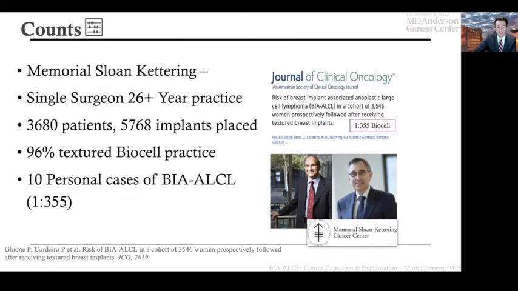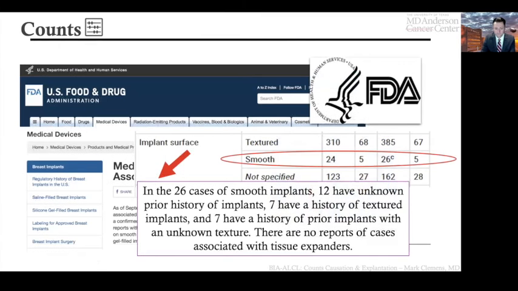The highest reported incident right now is at Memorial Sloan Kettering, where Dr. Peter Cordero reports, in a 26-year practice of 5,700 implants placed, a risk of 1 in 355 developing breast implant associated anaplastic large cell lymphoma.